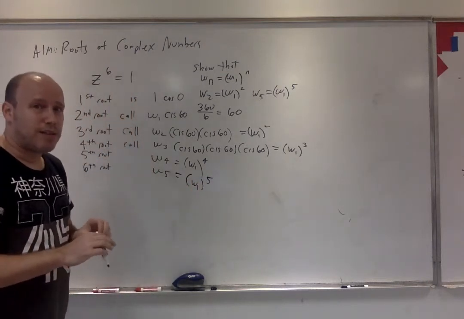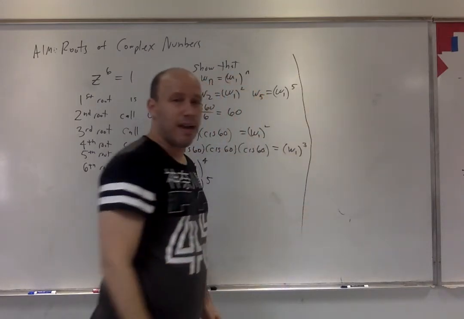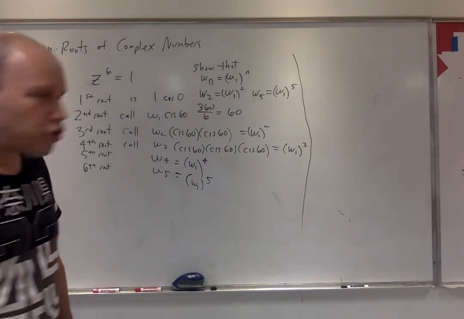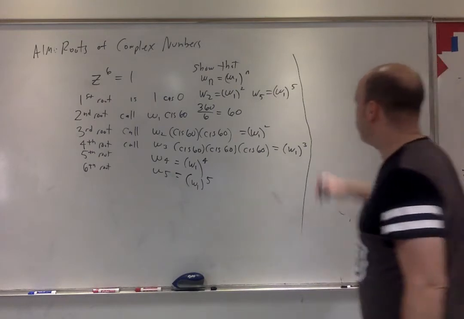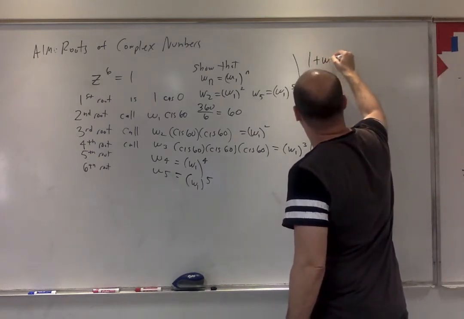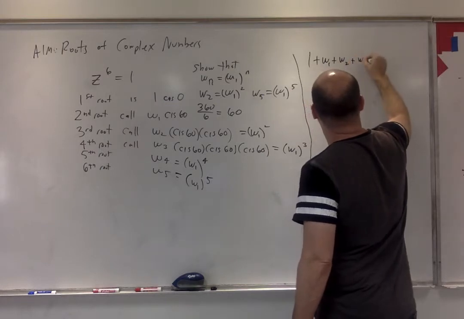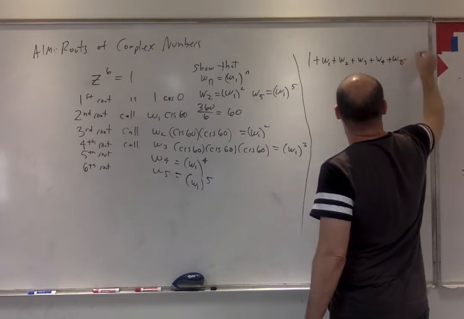Nice. Last thing. Now, the next thing they want to know is, they say, hence, show that the sum of the roots is equal to 0. 1 plus W1 plus W2 plus W3 plus W4 plus W5 equals 0.